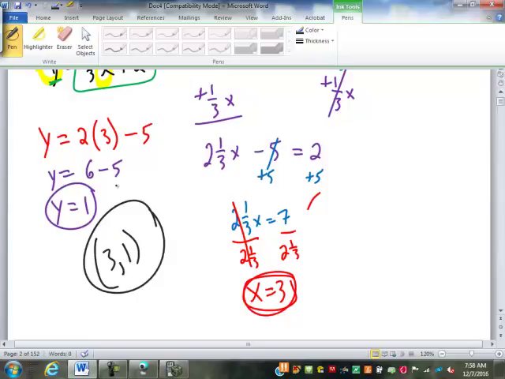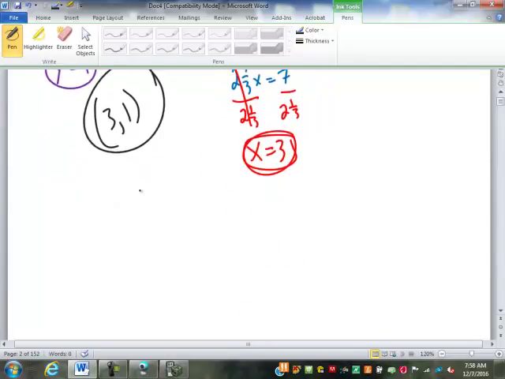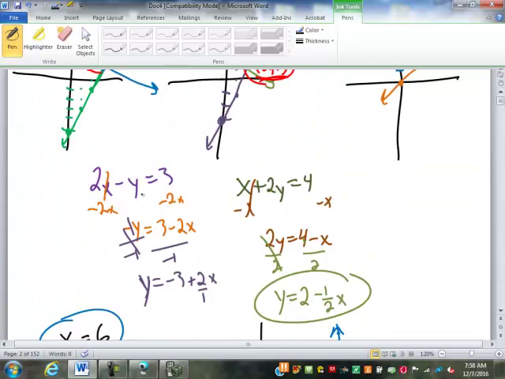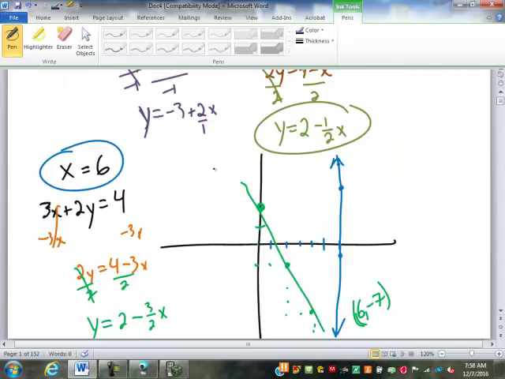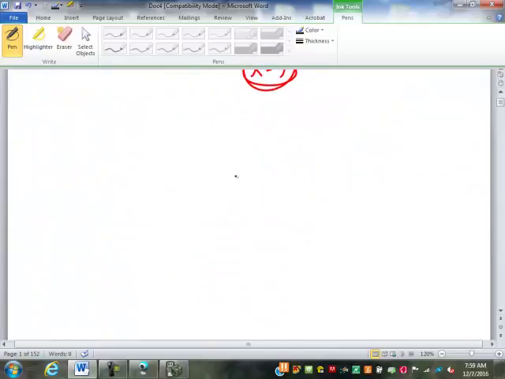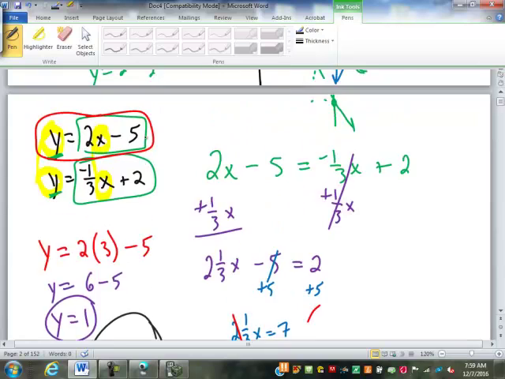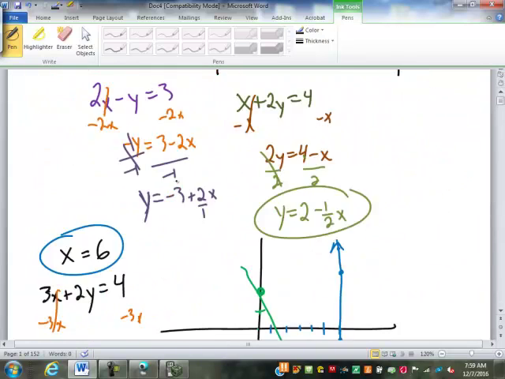Now, not every system we're going to work with is going to be as simple as what we had here, where we had y equals and y equals. I mean, we dealt with systems like the second one here, 2x minus y equals 3, and x plus 2y equals 4.